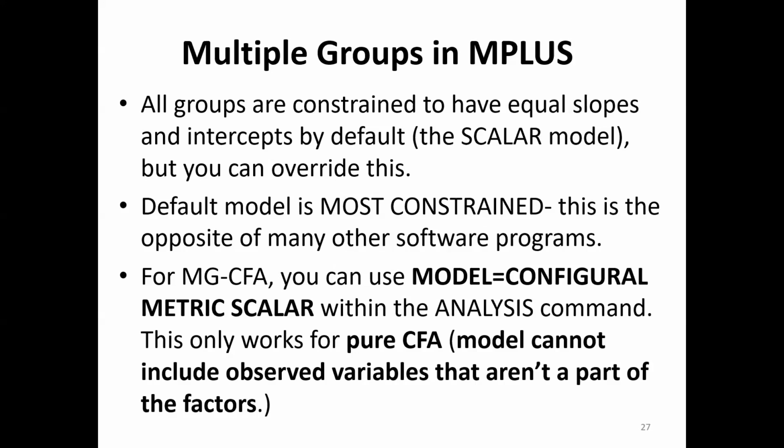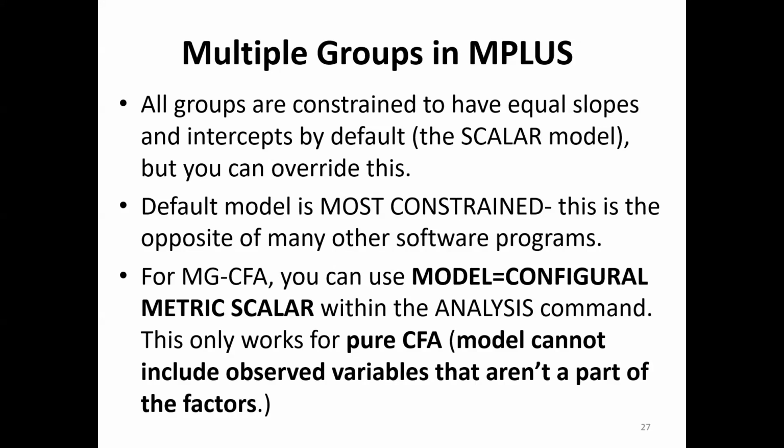But you can override this, and obviously you'll want to. I'm suggesting that you go from the least constrained model to the most constrained model. The scalar model is like your step 3 model, so you're going to need to relax some of those constraints for steps 1 and 2. Different software packages work differently, by the way. Some software packages have the default model be the least constrained model, the configural model.